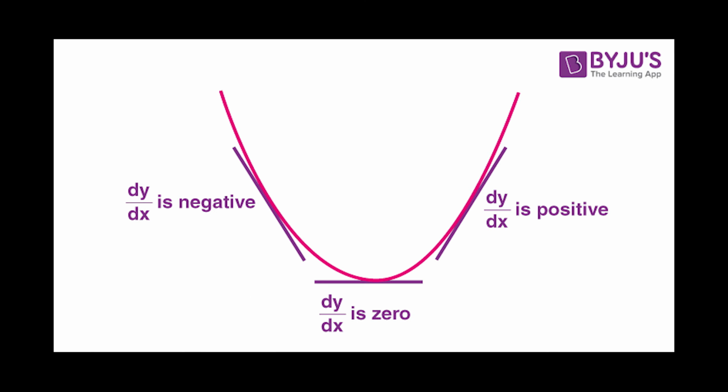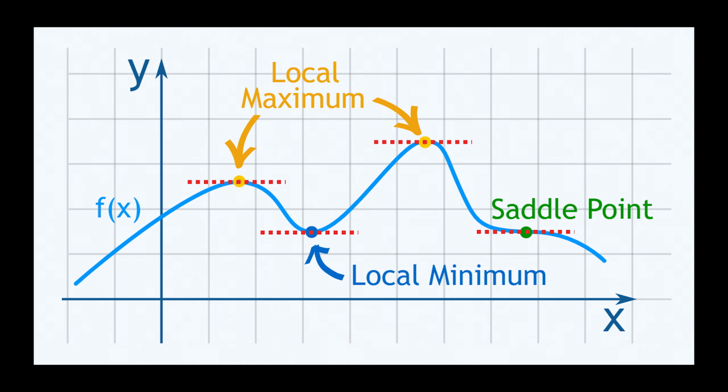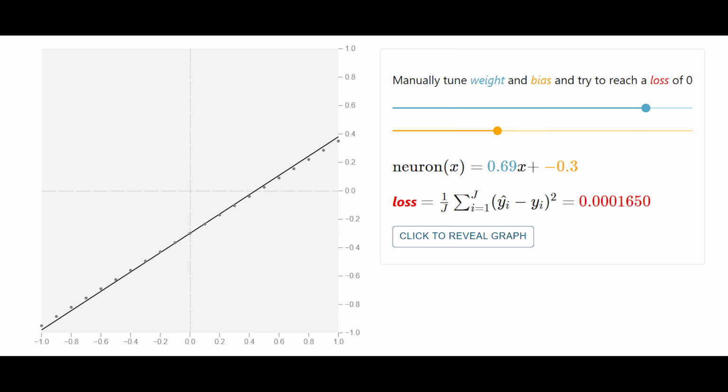We know that in calculus, sometimes we can find the minimum of a function explicitly by setting dy over dx equals 0, and then solving for the specific value of x. For more complicated functions, we might get into some things called local minimums, local maximums, and saddle points, something that we'll worry about a bit later. But here, the loss function c depends on two variables, a and b.